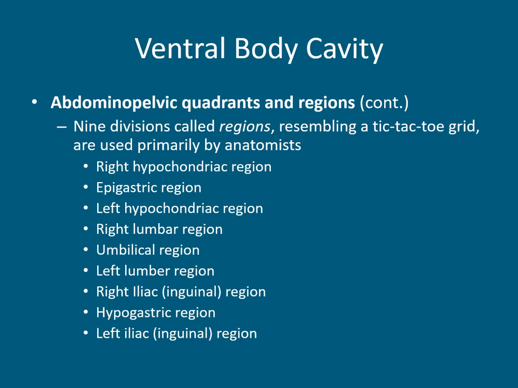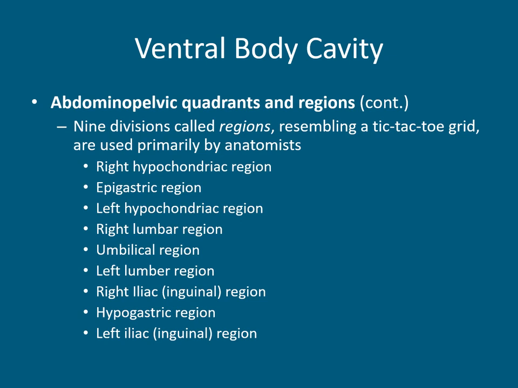Now, we can also go even more detailed from those quadrants and divide it into nine different regions. And these regions will be, once again, right and left refers to what the patient is. So there's the right hypochondriac region, epigastric region, left hypochondriac region.